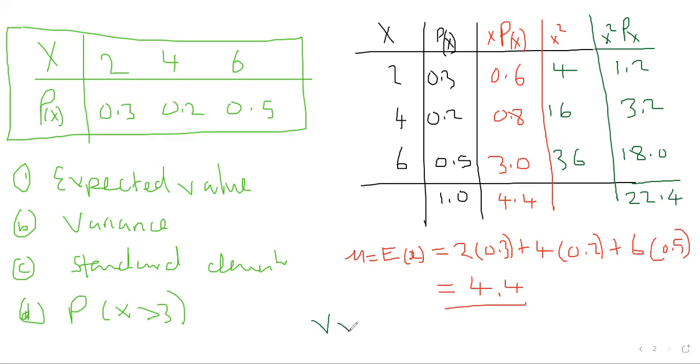So the variance of X is simply the summation of X squared times the respective probability minus the mean we found to the power 2. So this is 22.4 minus 4.4 squared.